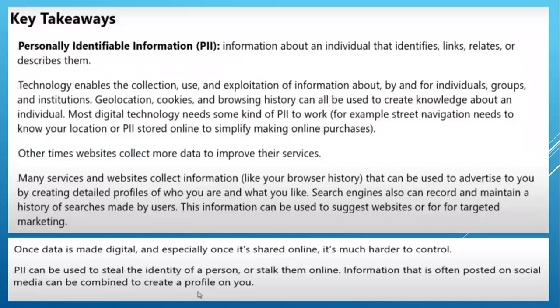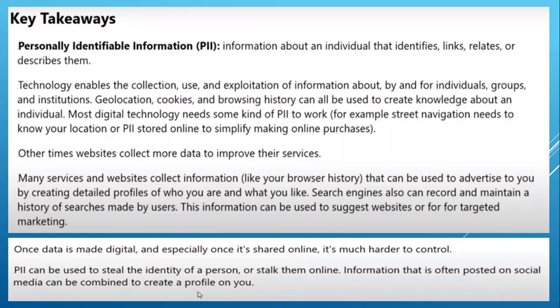Now the key takeaways: personally identifiable information, PII. It is information about an individual that identifies, links, relates, or describes them. Technology enables the collection, use, and exploitation of information about, by, and for individuals, groups, and institutions.